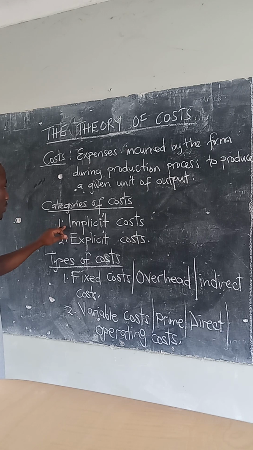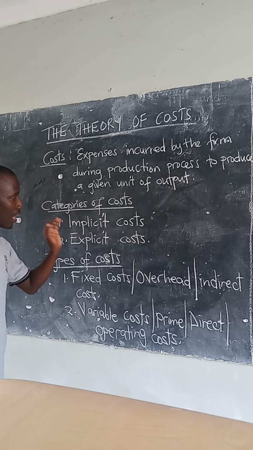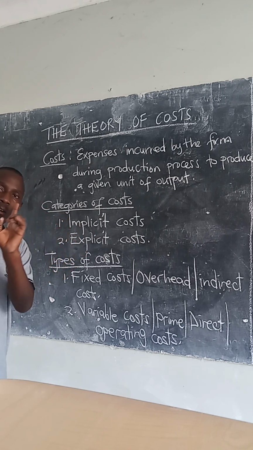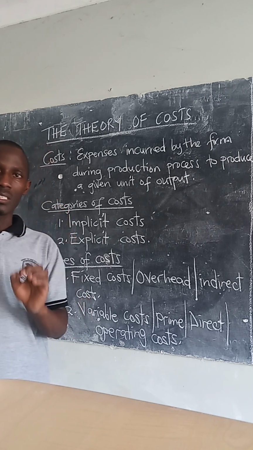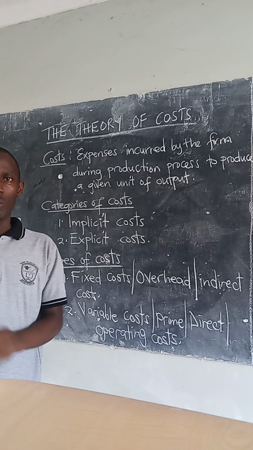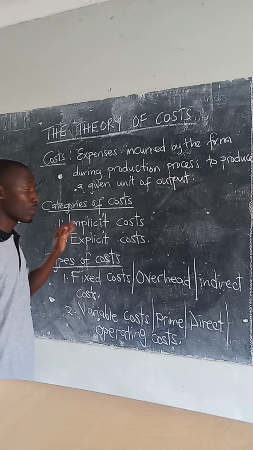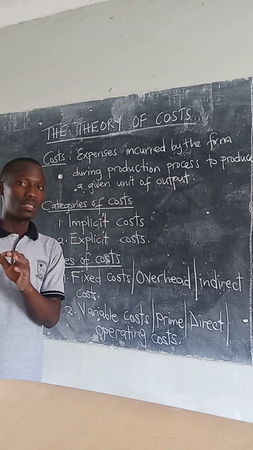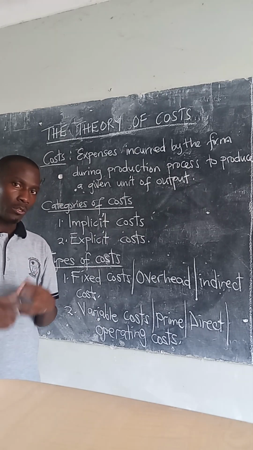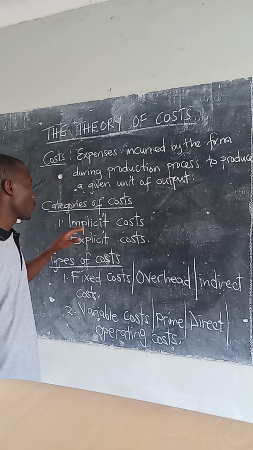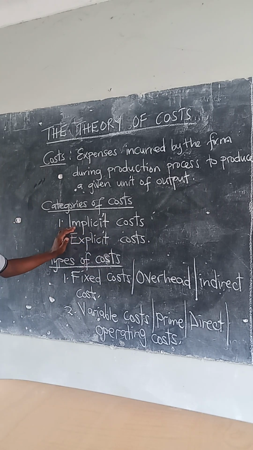Or these are expenses that are incurred by the firm, but they are not included when calculating the firm's profits. Whenever the accountants are calculating the profits earned by these firms, they don't include such costs. Or whenever the owner of the firm is calculating profits, he does not include the implicit costs.